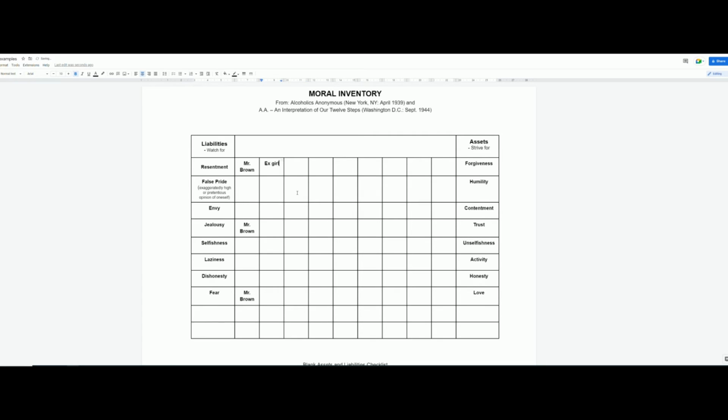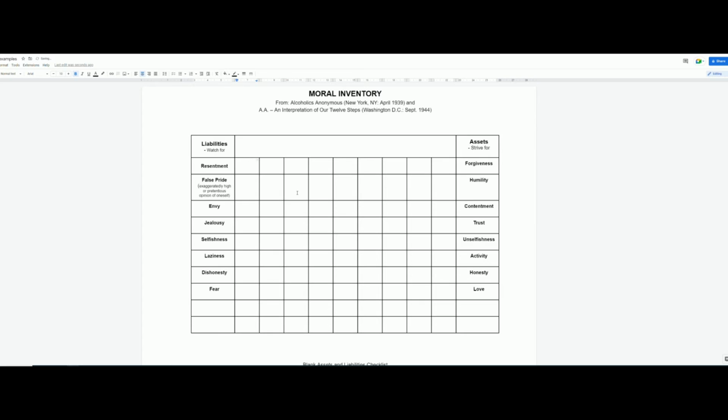It can be as complex as you want down the line, but at this particular moment in the workings of the steps, we want you to get used to the process of being honest and getting things down on paper, so that when we move on to step 5, we can then discuss this with a closed mouth person of your choice, and then we can work on going further, talking this through and praying on them to the God of your understanding.